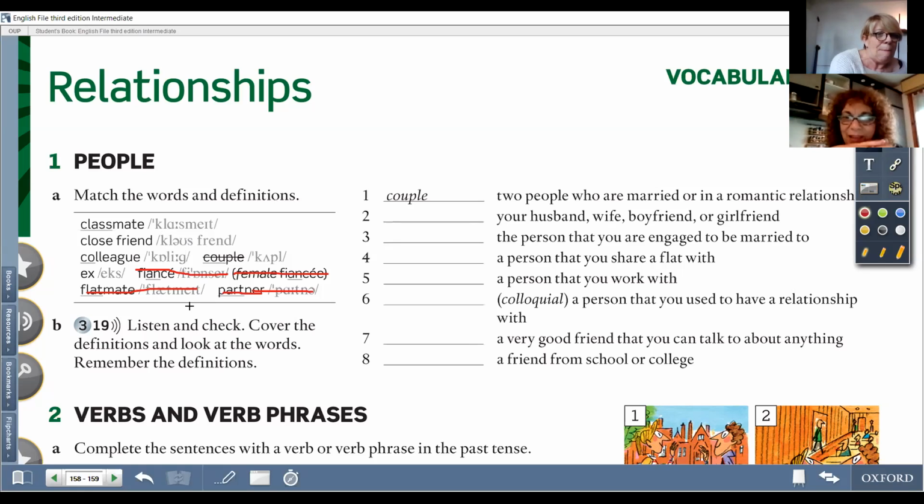Perfect. A person that you work with. Colleague. A person that you used to have a relationship with.